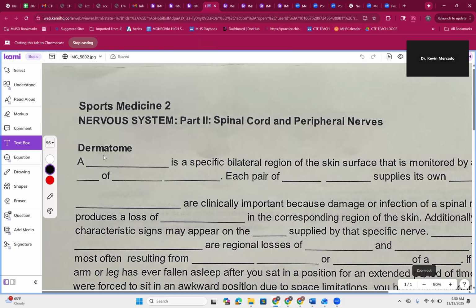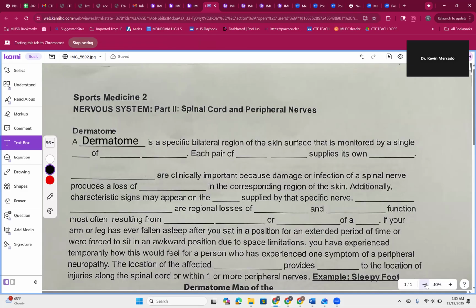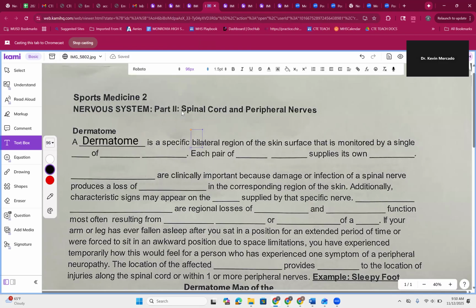Okay, now a dermatome. A dermatome is a specific bilateral region. Let's define that, bilateral. Bilateral is both sides. Which means, what would one side be called, do you think?